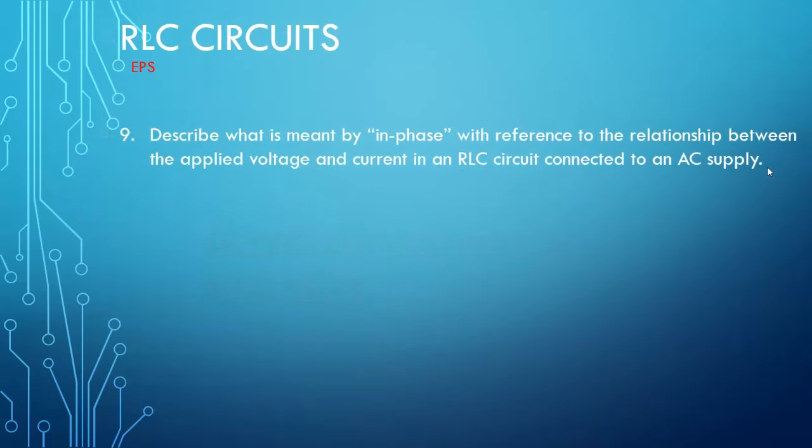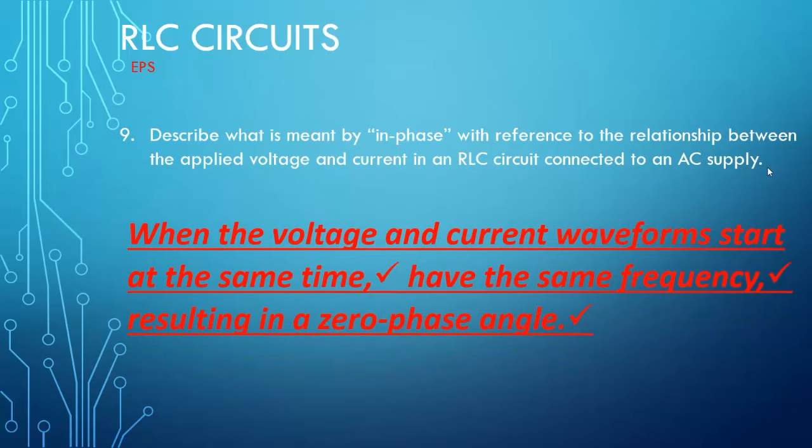Describe what is meant by in phase with reference to the relationship between the applied voltage and the current in an RLC circuit connected to an AC supply. When the voltage and current waveforms start at the same time and have the same frequency, resulting in a zero phase angle.